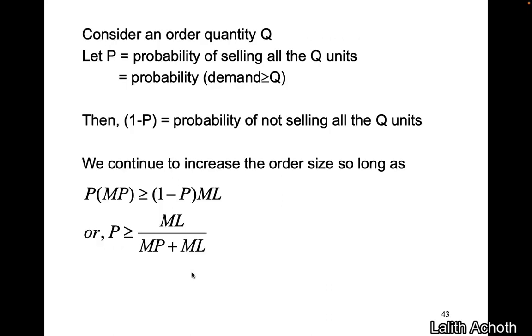Consider an order quantity Q. Let P be the probability of selling all of Q units, the probability that demand is greater than or equal to supply. Then 1 minus P is the probability that you won't be able to sell. So if this probability is 0.8, then the probability that you won't sell is 0.2, 1 minus 0.8.